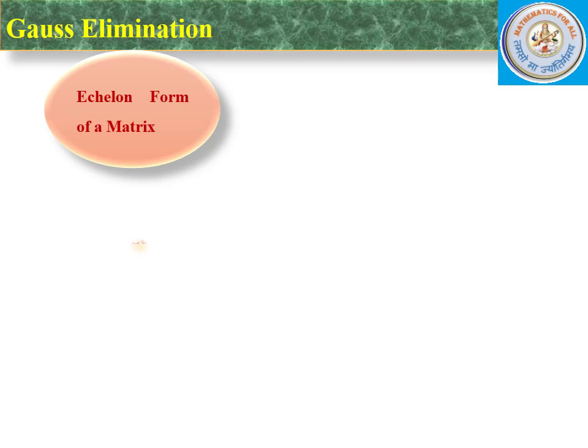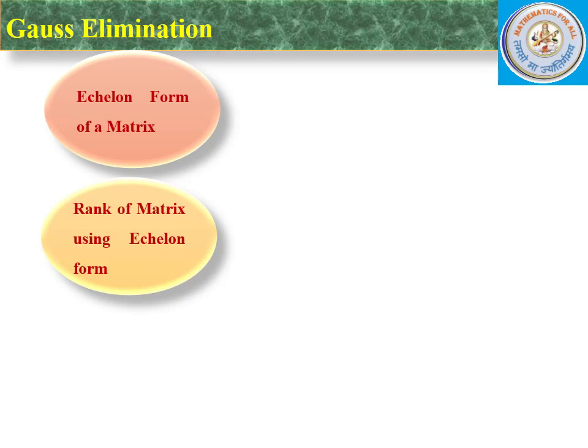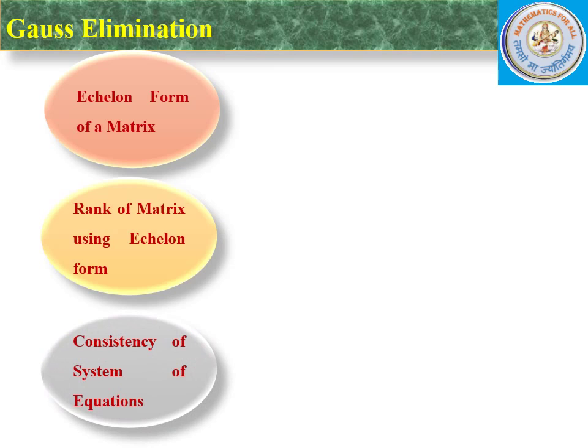After finding the equivalent form of the matrix, we should understand about the rank of the matrix using the equivalent form. And once we get the rank of the matrix, we should know about the consistency of the system of equations.